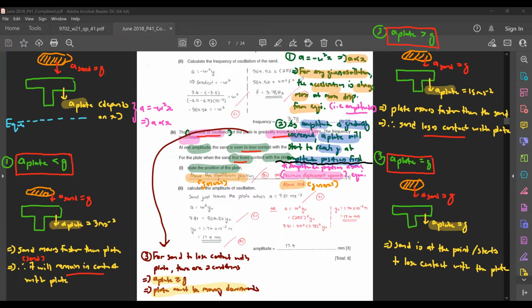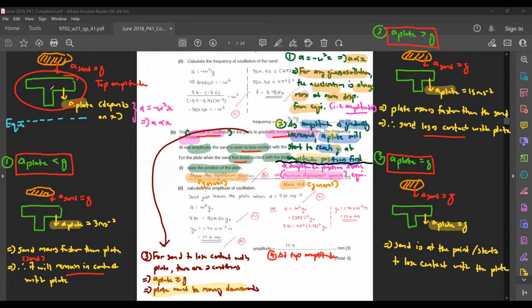Okay, so now you try to relate to what I said in point number 2. I said that the acceleration of your plate will only reach g at the amplitude position, but why can't it be the amplitude position below equilibrium? Why must it be the amplitude position above equilibrium? Now it's because of the fact that, you see, when your plate reaches the top amplitude position, let's just say it's right over here, this is say the top amplitude.